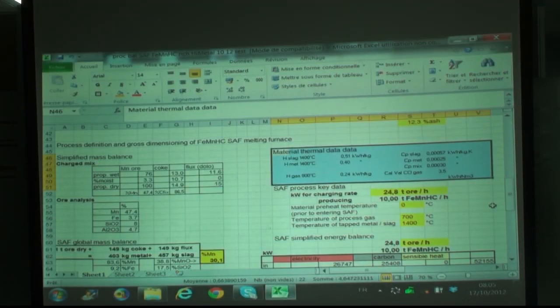Will you prepare the material thermal data for nickel, manganese, silicon, chrome, aluminum for us? I will try to find something, but I kindly ask you if you can ask your researchers what they have.